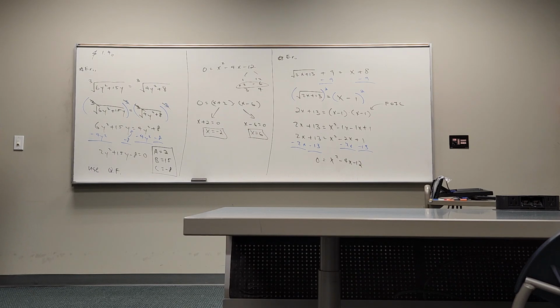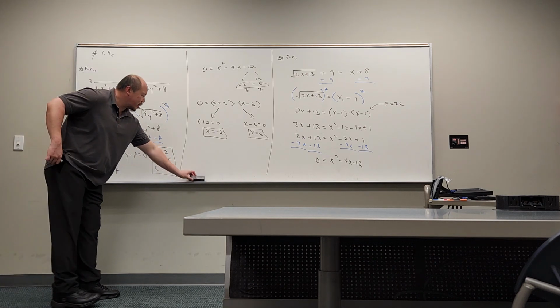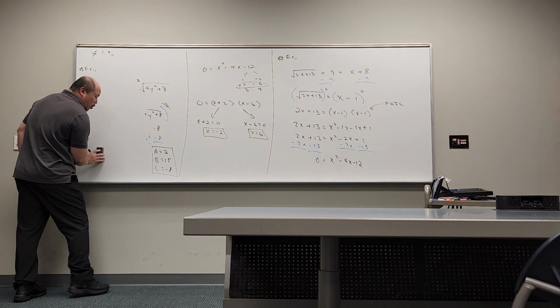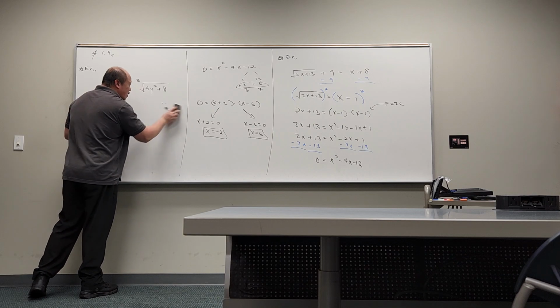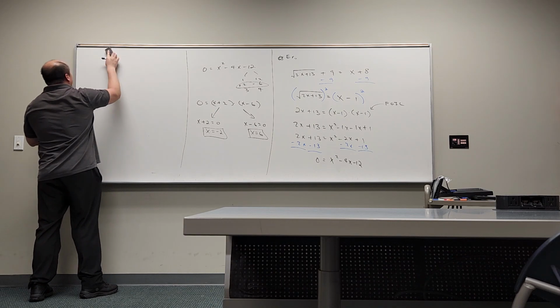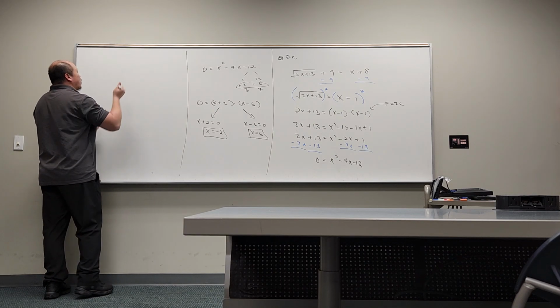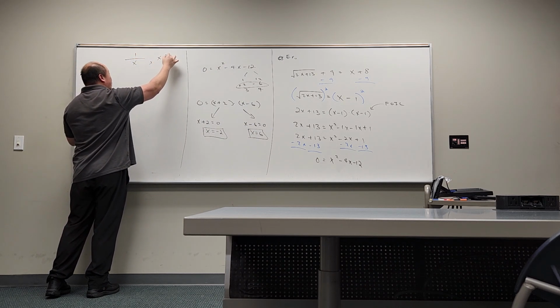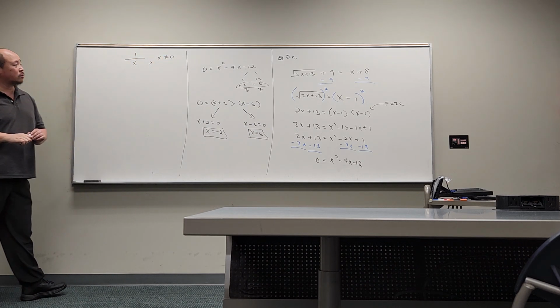It all depends. And the reason why is because you have to check your answers. Remember when we did the fraction thing? So remember when we have fractions, what we mentioned was, if you have 1 over x, that means x cannot be 0, because the bottom cannot be 0.